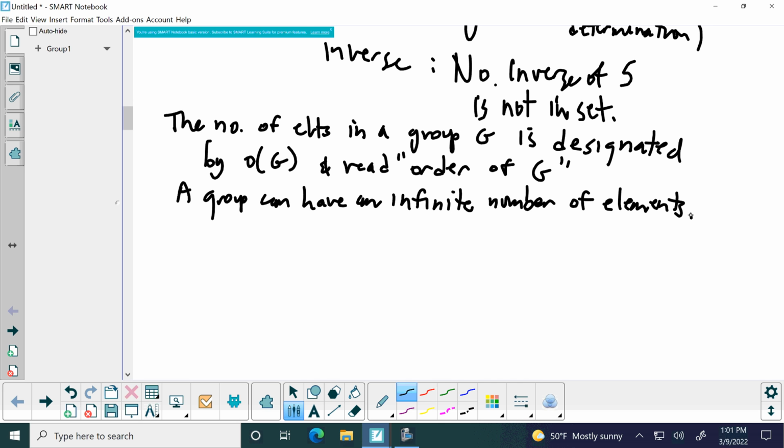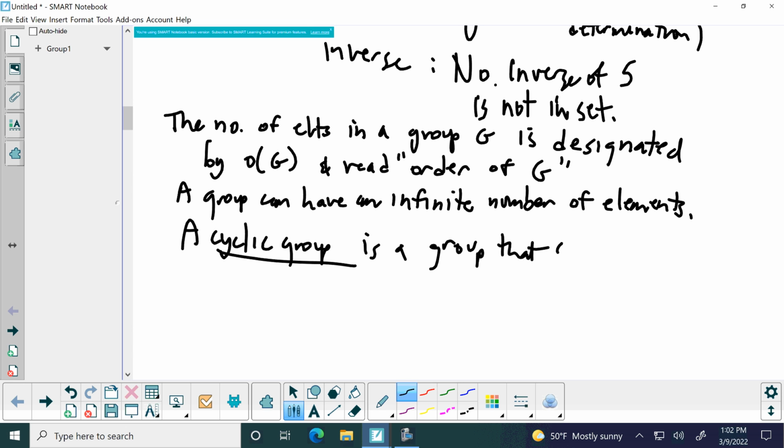Now, when we did our fruit group theory stuff, oh my gosh, it's 101, and I've got like 4 minutes left. Okay, so a cyclic group is a group that can be generated by a single element.